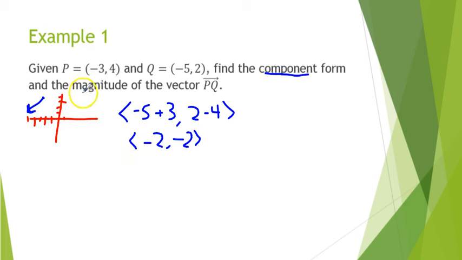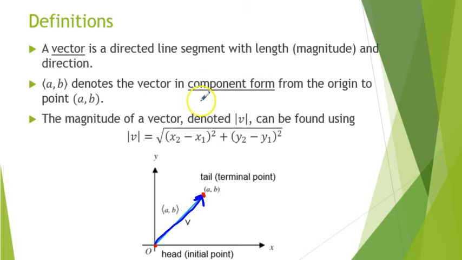They also asked us to find the magnitude of the vector. So for the magnitude, let's look back at what I gave you guys for the formula on this. We said the magnitude, notation looks like absolute value of v, because absolute value is actually defined as the distance from the origin. So in this case, we're just saying what's the distance from one coordinate to the next coordinate.